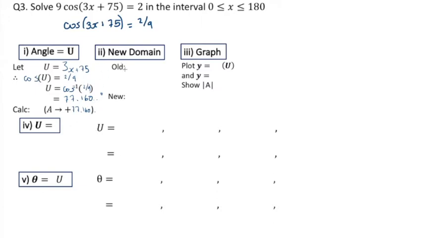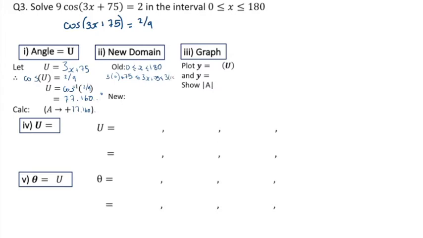My next step, finding the new domain. Well, the old domain is between 0 and 180. To find my new domain, I need to get this middle, this x, to look like 3x plus 75. So I'm going to times all three of these things by 3 and then add 75 onto them. So I'm going to times 0 by 3 and plus 75 on. I'm going to do the same with x, and I'm going to do the same with 180.